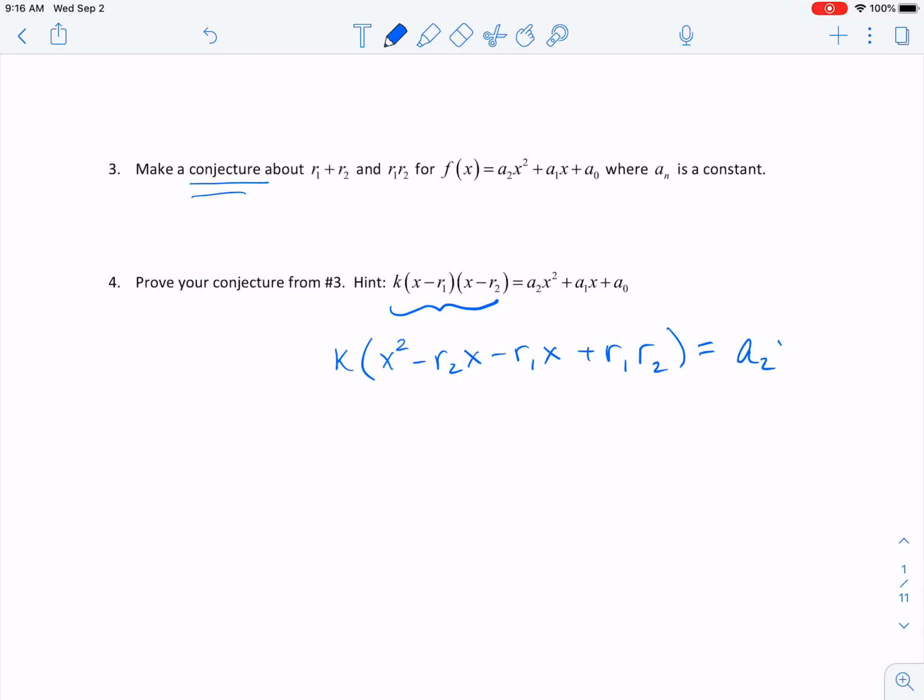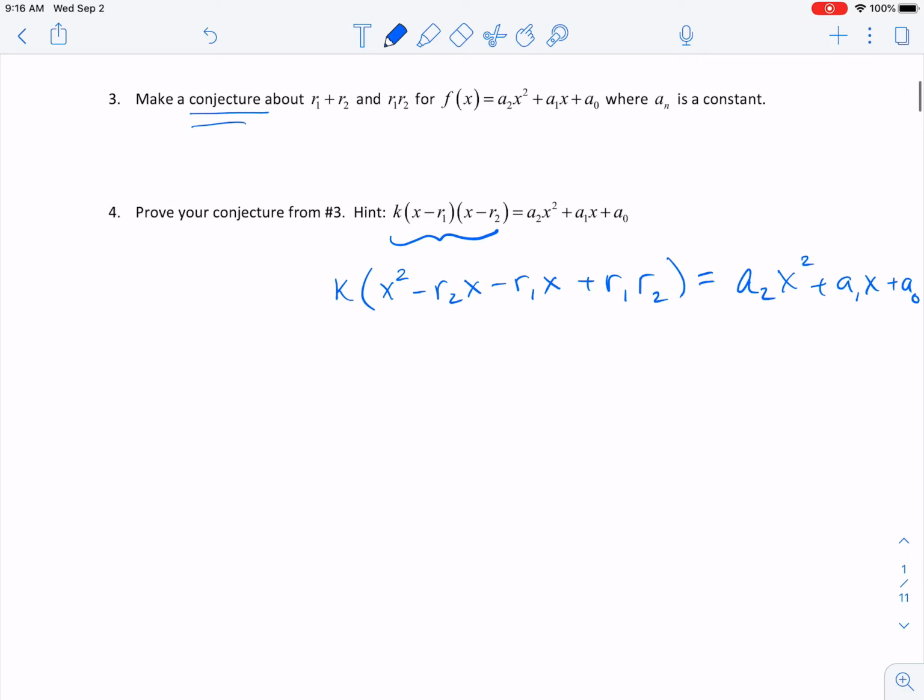All I did was FOIL that first one. You're going to manipulate this until you come down to something interesting. Basically we just FOILed, and I want you to see what you can come up with. Pause right here, and then come back and watch and see what happens.